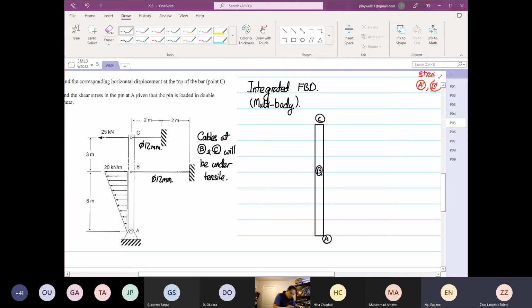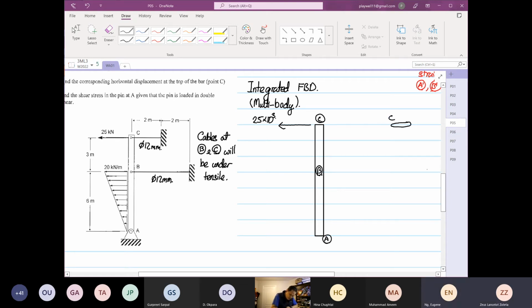So we know that over here, this is our 25 times 10 to the power 3, right? And because of the cable, I'm going to sketch our cable. This is our cable at point C, right?